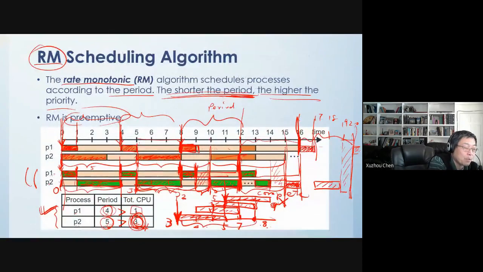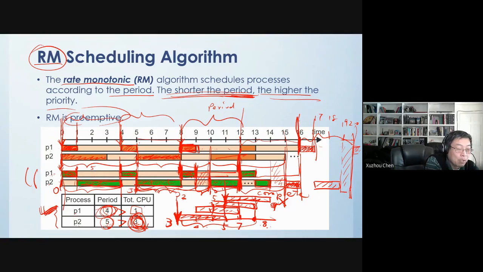Because the period is smaller. Even though in certain cases, process 2 has more urgency to finish because process 2 has a longer CPU burst. But RM is stubborn, because the period of P1 is shorter than P2, so it always has high priority.